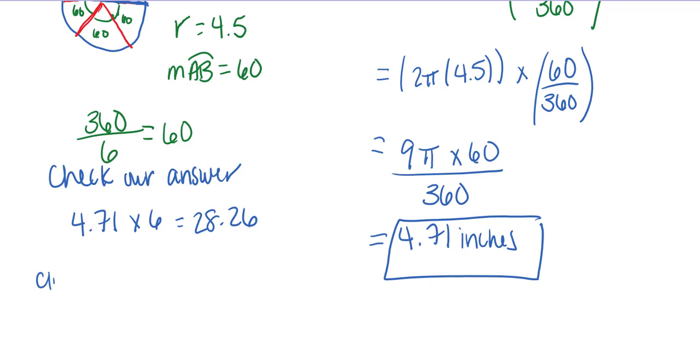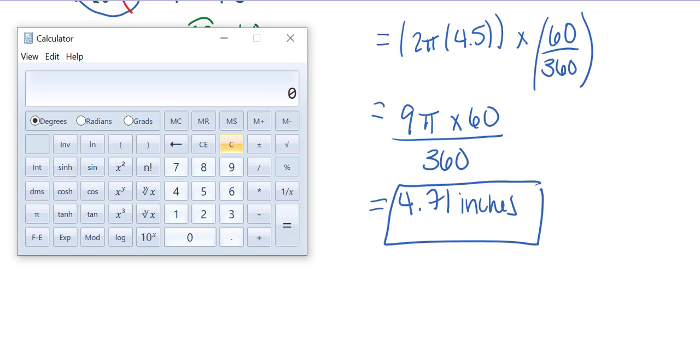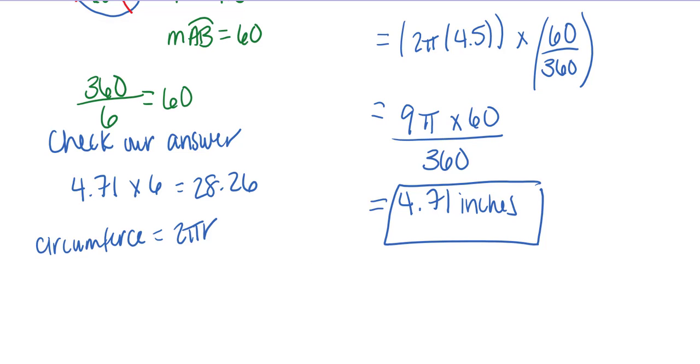Well, we know the circumference is 2 pi r. So let's go ahead and fill that in. So if we know it's 2 times pi times r, which is 4.5, we get 28.27. Now, these are actually really similar, right?